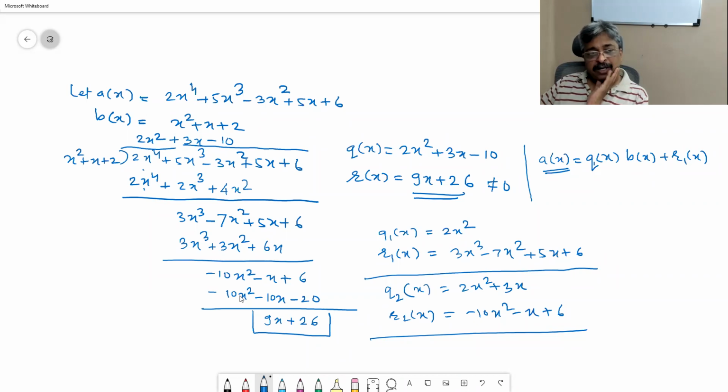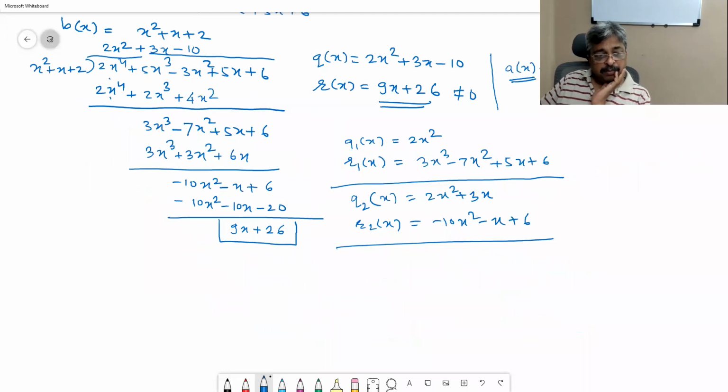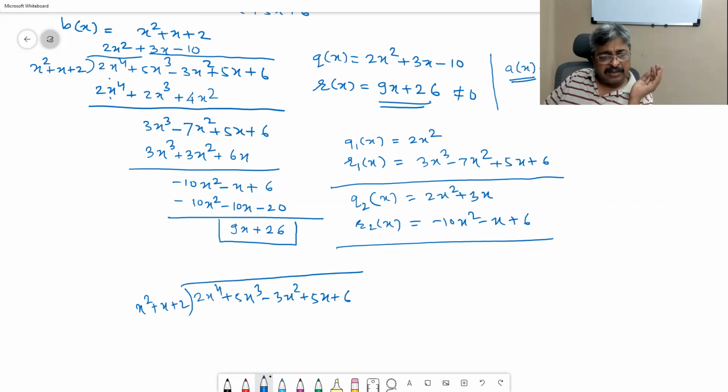Now, suppose I would not have written these two here in the first place, or if I would have written half. Let me explain what I am trying to tell you. All the coefficients need not be integers. Suppose 2x raised to 4 plus 5x cube minus 3x square plus 5x plus 6 is divided by x square plus x plus 2, and I write the quotient as maybe half x.